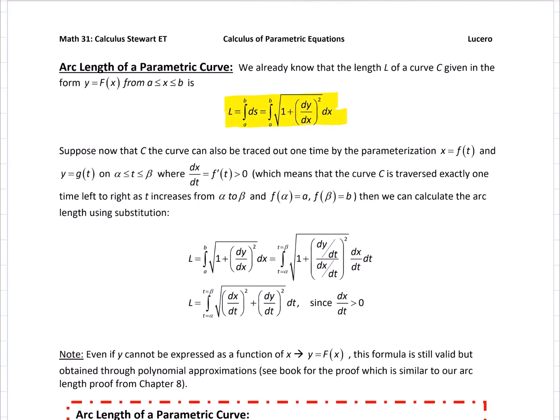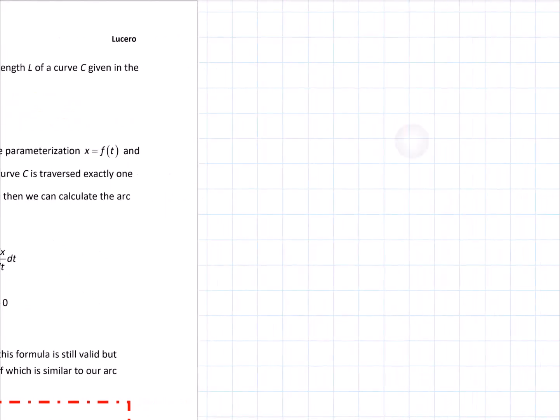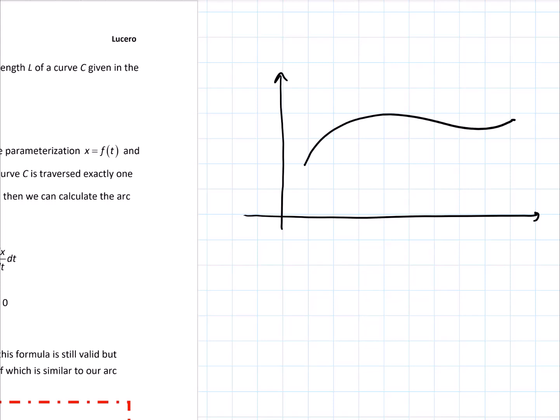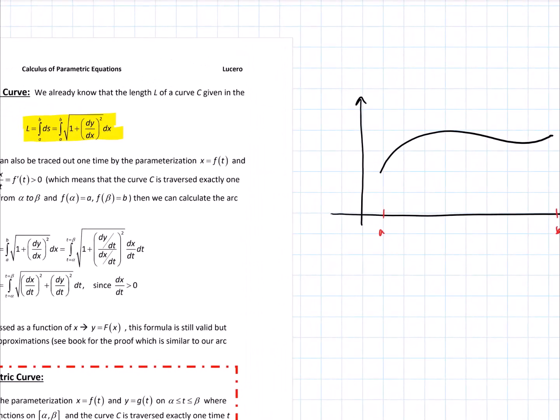If we have a curve y equals f of x, we did a whole calculation, broke that into line segments, and used our distance formula, and came up with a formula for the length of this curve from A to B.